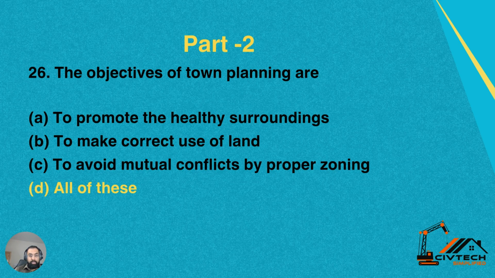And of course we want to avoid any conflicts within the town, so we divide the town into zones. We have already discussed this in the previous lecture. Therefore, all the options are correct, and option D is the correct answer for question number 26.